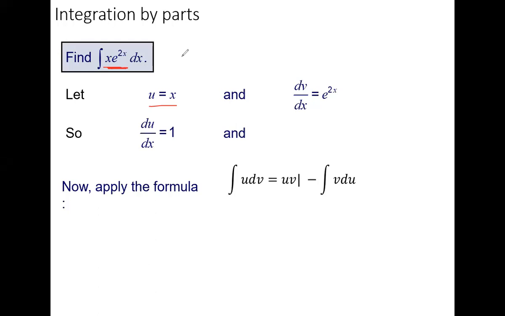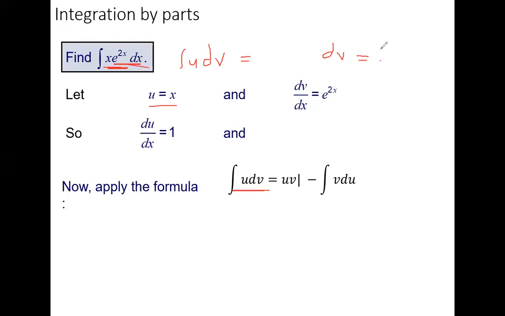So per what we said, the integral of u dv, per the formula. So we let u be equal to x, and then dv be equal to what? You pick the remaining terms here.